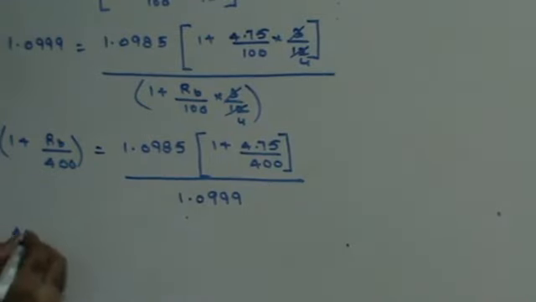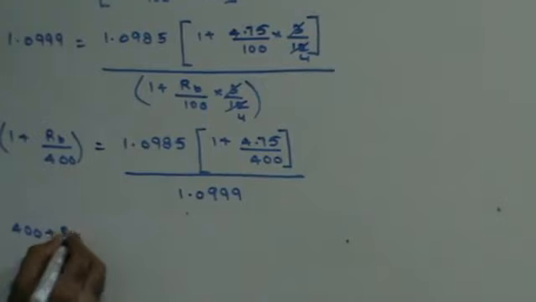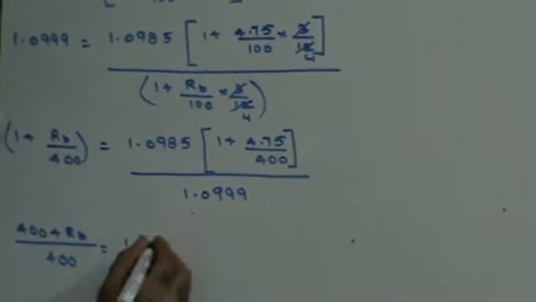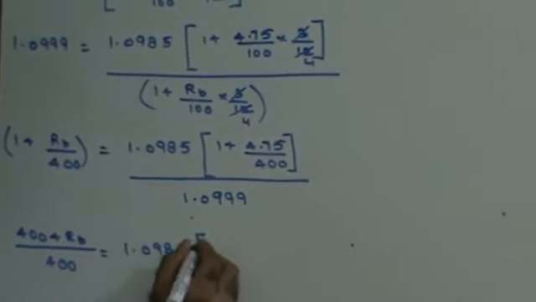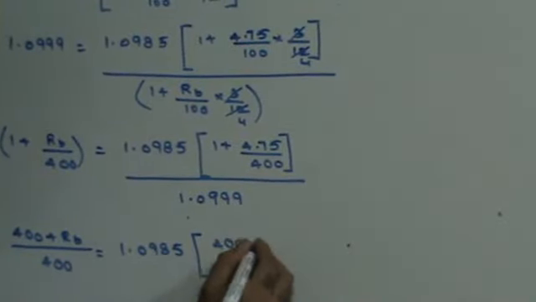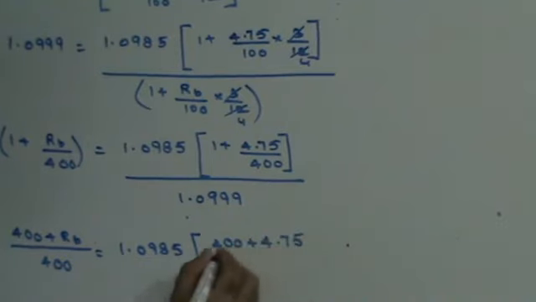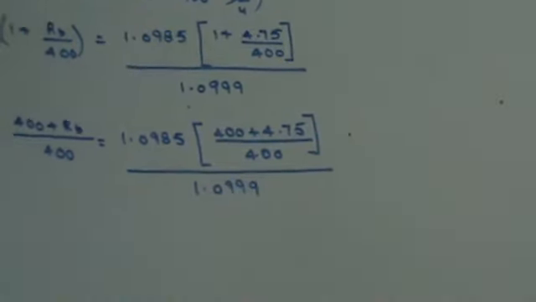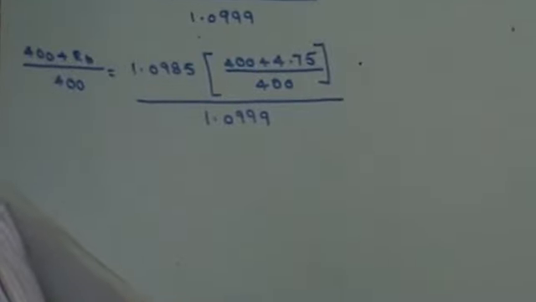So you will have 400 plus RB upon 400, LCM is 1.0985 into 400 plus 4.75 upon 400, upon 1.0999.